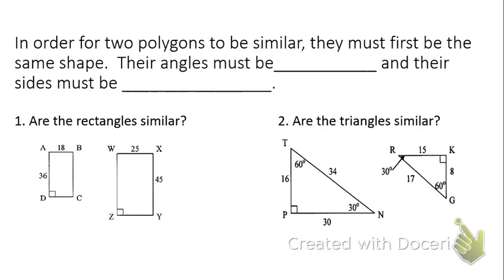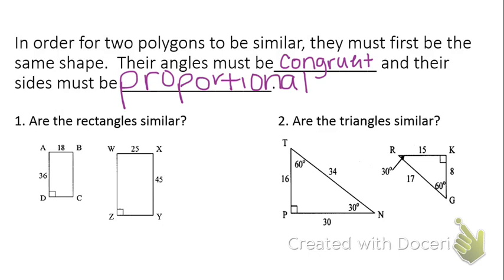In order for two polygons to be similar, they must first be the same shape, and then their angles must be congruent, and their sides must be proportional. So angles must be congruent, and sides must be proportional.